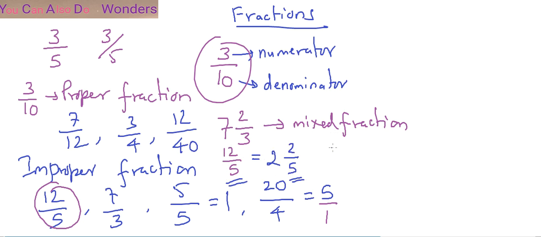Suppose we take 7 by 3. Here 2 times 3 is 6, so the quotient is 2 and the remainder is 1. So 7 by 3 as a mixed fraction is 2, and the remainder is 1, so 1 by 3. So 2 1 by 3.